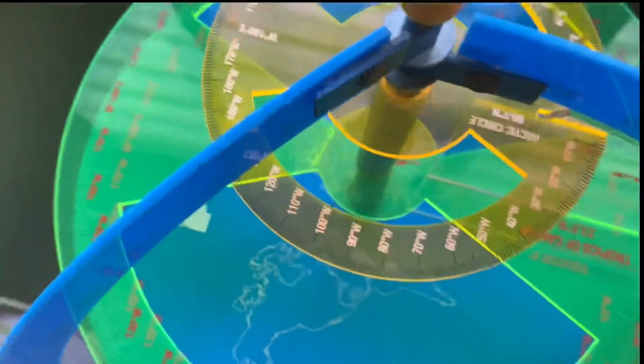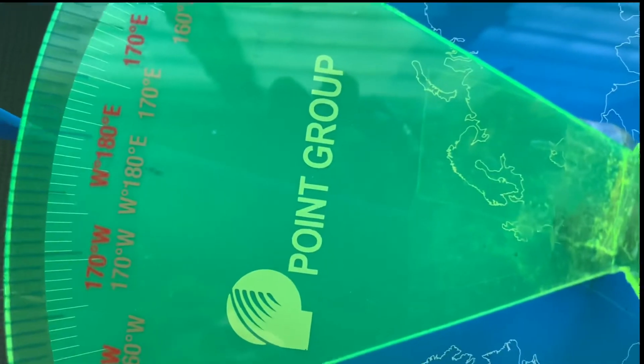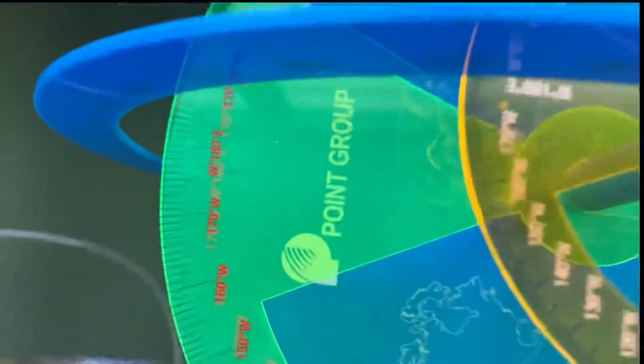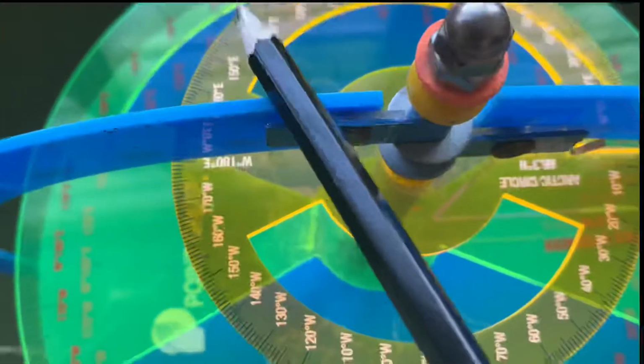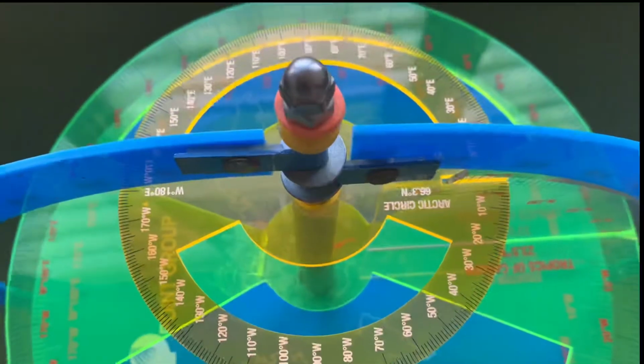You will see that the one facing 0 is exactly at 180 degree east. So this 180 degree east semicircle is right opposite the 0 degree Greenwich Meridian.